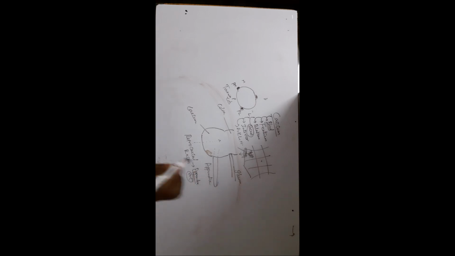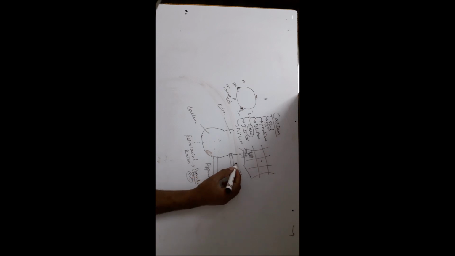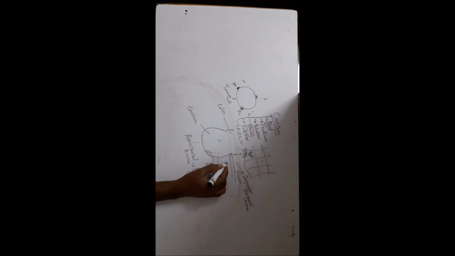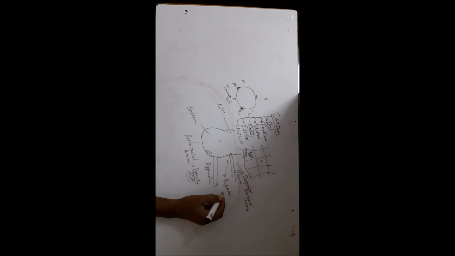Then the other recesses related with this are in this region. One is above the ileum, one is below the ileum. So you call them the superior ileocecal recess and the inferior ileocecal recess.